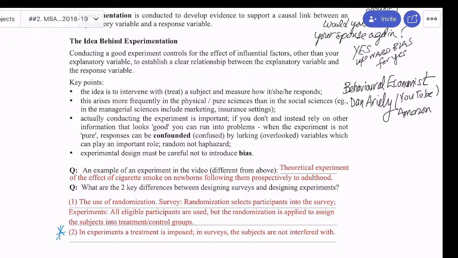But in general, we use a treatment for the experiment to see the effect, controlling for any other kinds of explanations of a response in the process. So that one we know.